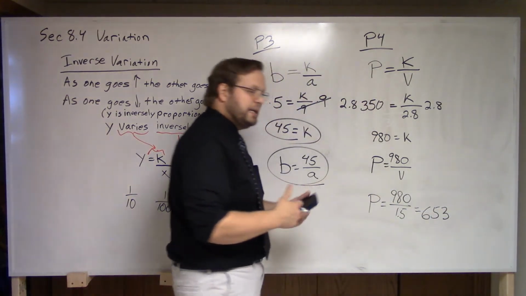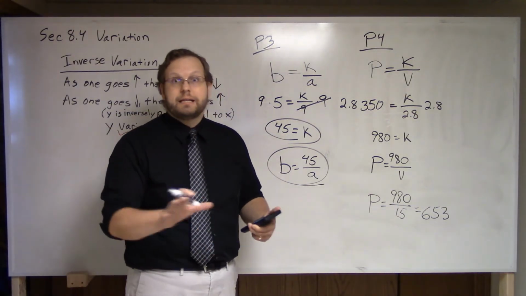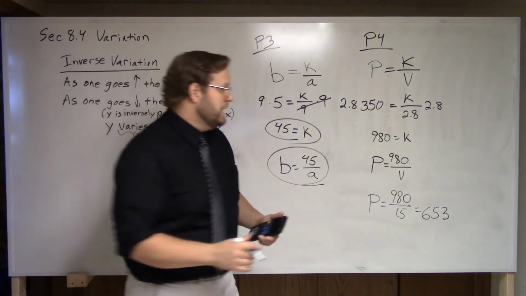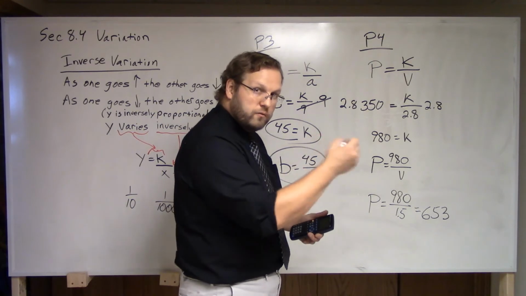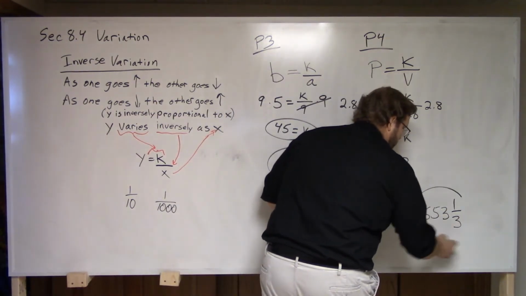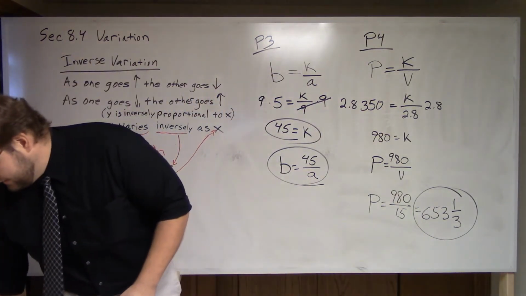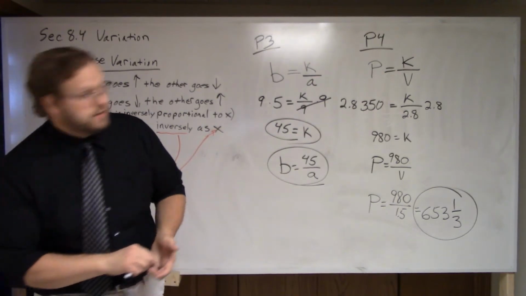Now, you should be getting a 0.3 repeating. Don't put 0.3, because that's rounding, unless they tell you specifically to do that. If you put 0.3 with the bar over it, that's fine, or you could just write a 1/3. And that is it.